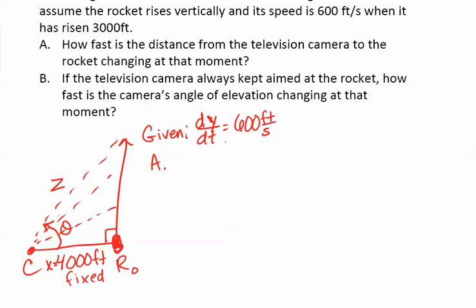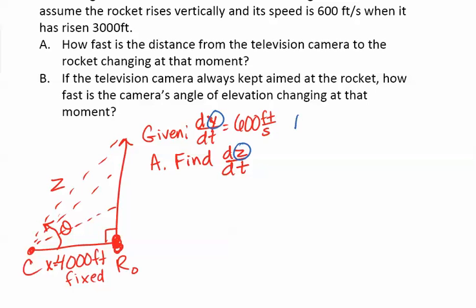If we set this as looking for dz/dt in part A, then we could find a formula that involves the sides of the triangle.